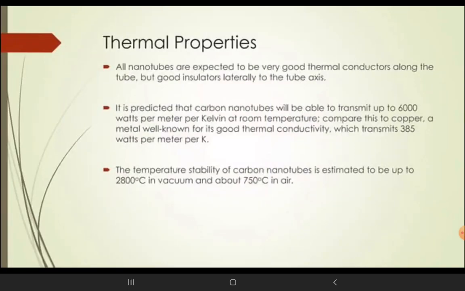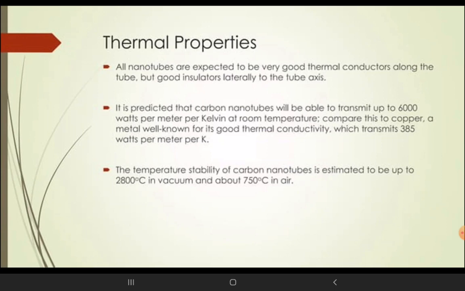Thermal properties. All nanotubes are expected to be very good thermal conductors along the tube, but good insulators laterally to the tube axis. It is predicted that carbon nanotubes will be able to transmit up to 6000 watts per meter per Kelvin at room temperature.